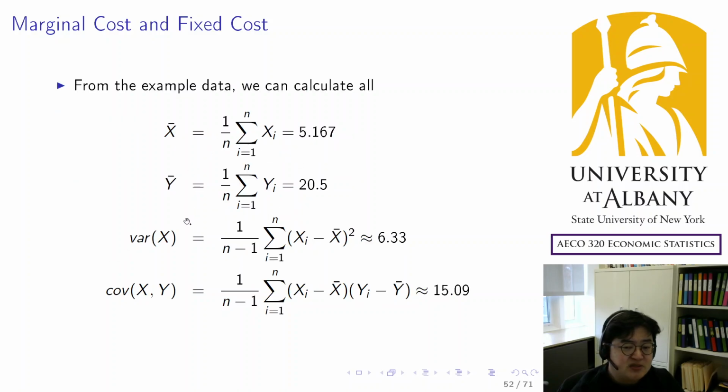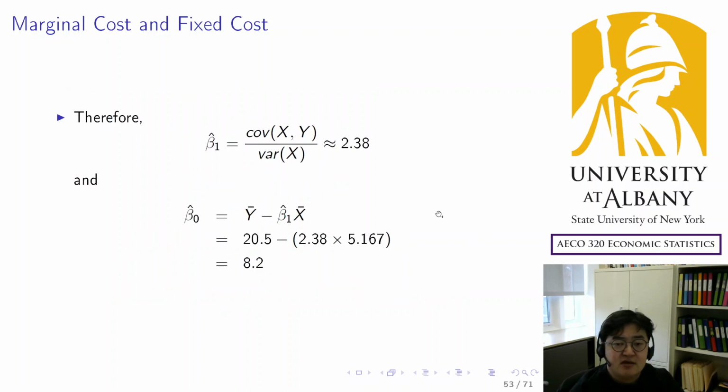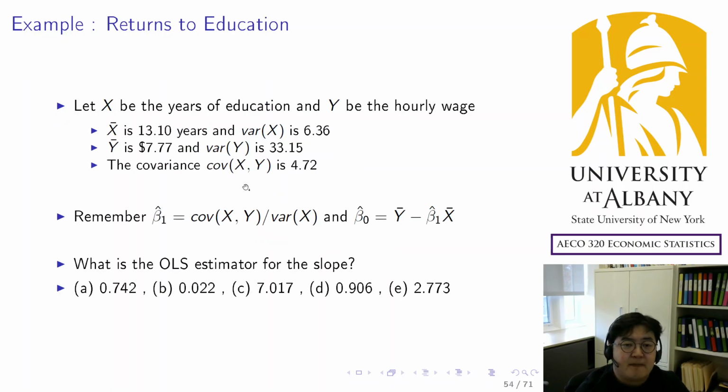Based on those simple summary statistics, you may calculate the slope as the ratio between covariance and variance, and also the intercept that matches the average. So simple formulas are available. Of course, you are not going to use that because Excel, or any other statistical software, will do this for you. So you don't need to worry at all.